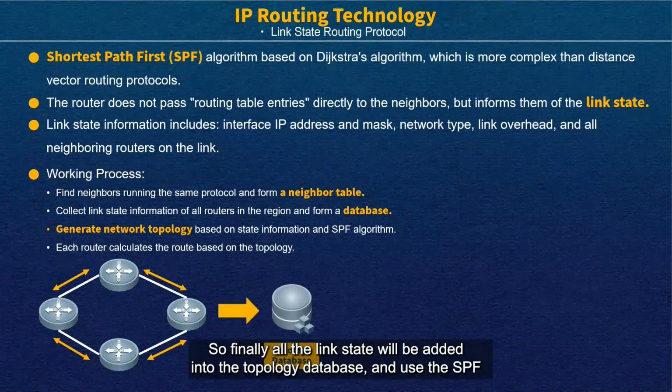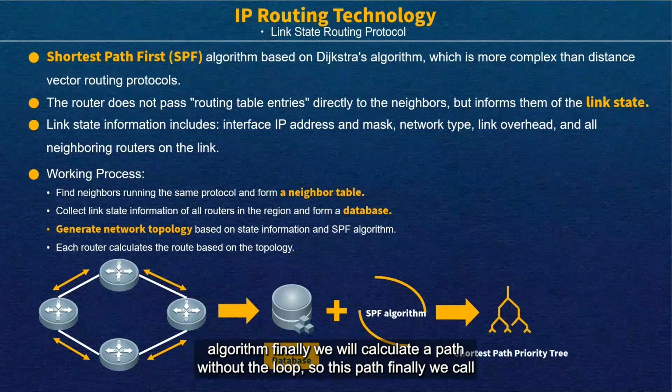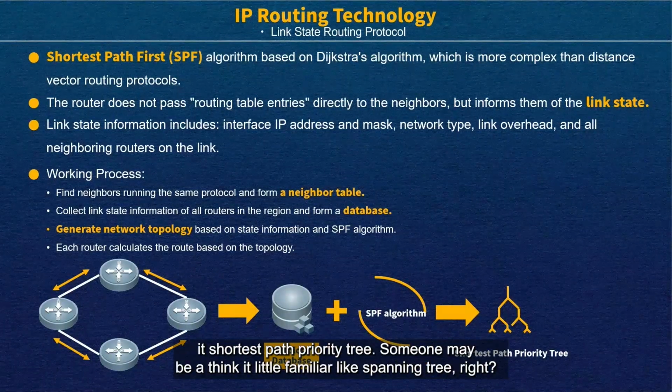So finally, all the link status will be added into the topology database and we use the SPF algorithm. Finally, we will calculate a path without a loop. So this path finally we call the shortest path priority tree. Someone may be a little familiar with it, like the Spanning Tree, right?